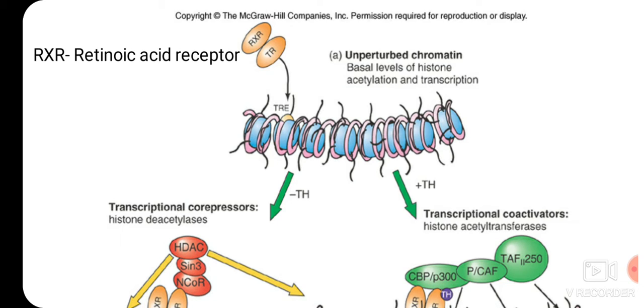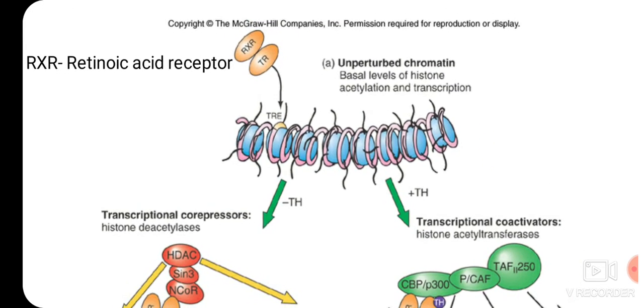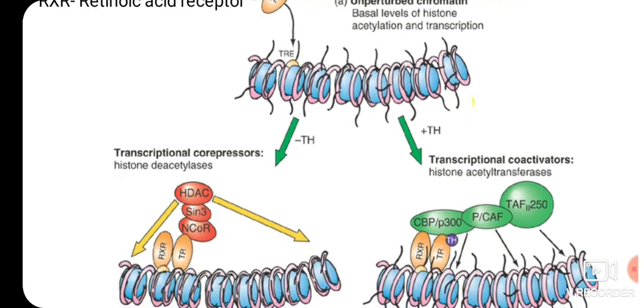So for example, the TRE can act as a site for binding with the retinoic acid receptor protein, which is dimerized with the thyroid hormone receptor. This protein usually binds with the TRE regions.